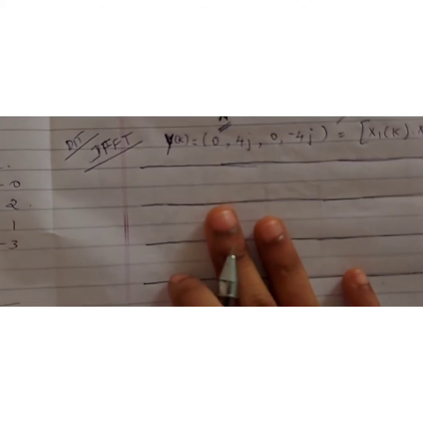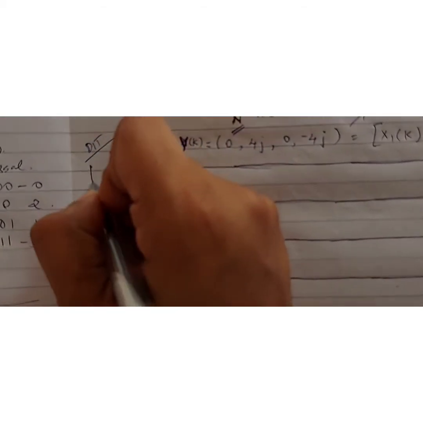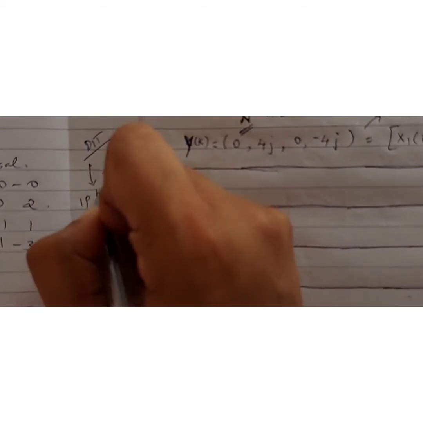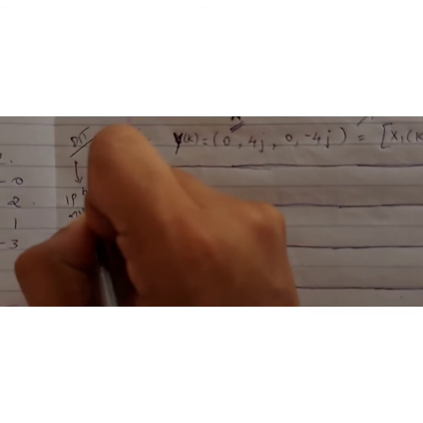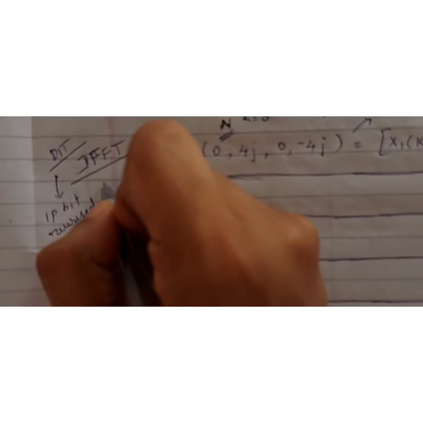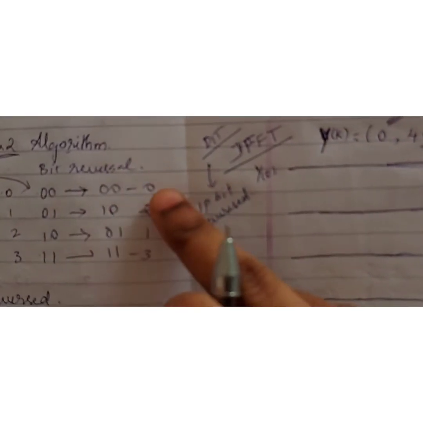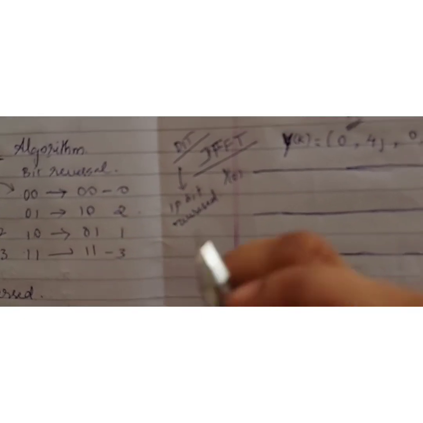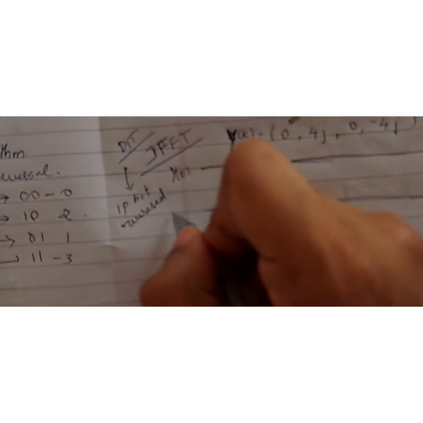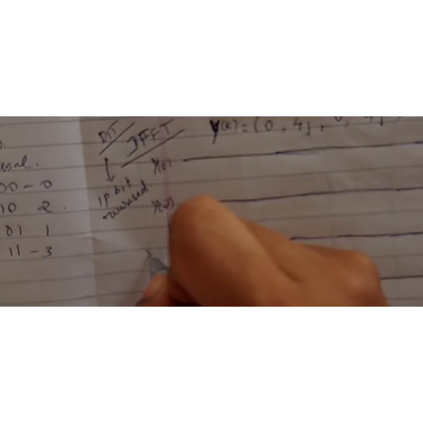So input for DIT is bit reversed, right? Input is bit reversed. So I will feed y of 0, y of 2, y of 1 and y of 3.